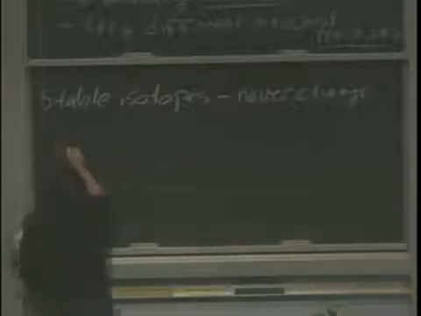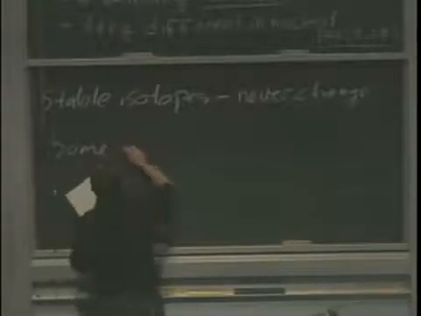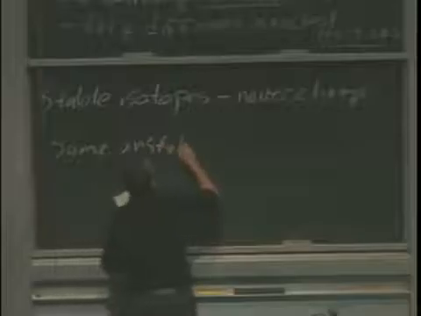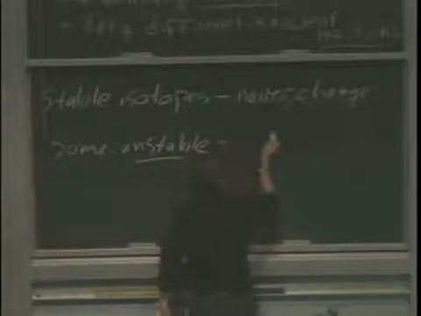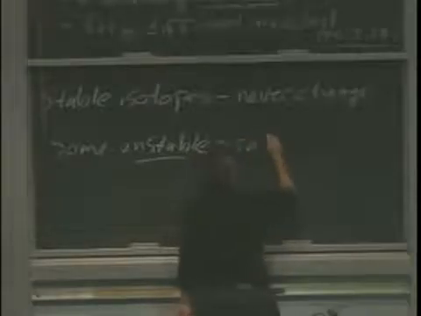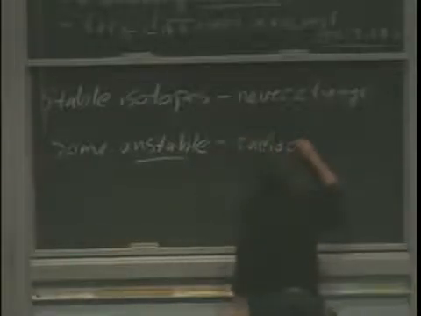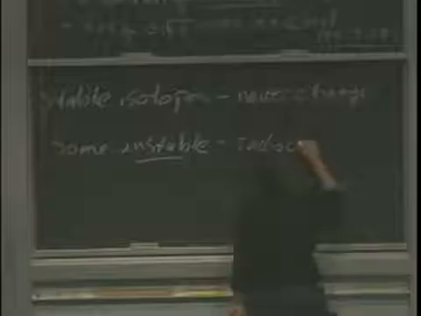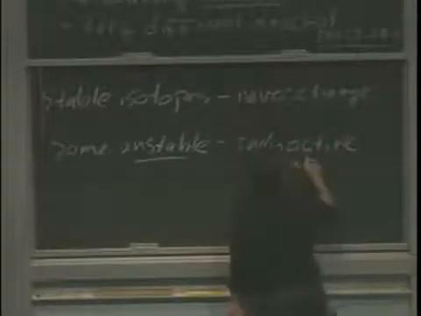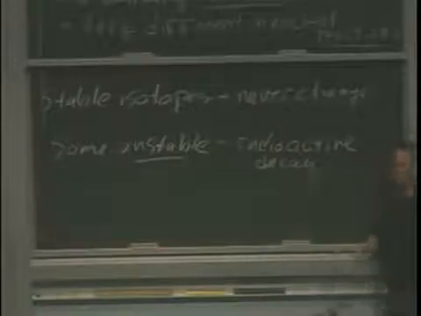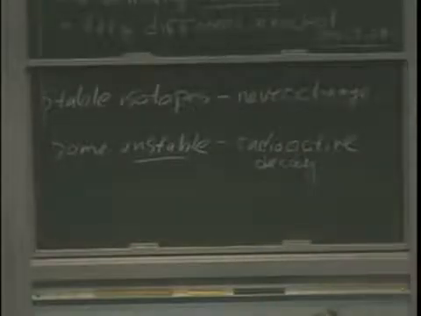And some are unstable. The unstable ones will undergo radioactive decay, and during the process of the radioactive decay, the nucleus will actually change. It doesn't always change into a different element, but they can change into different isotopes.